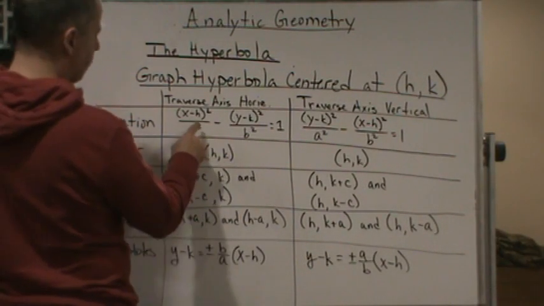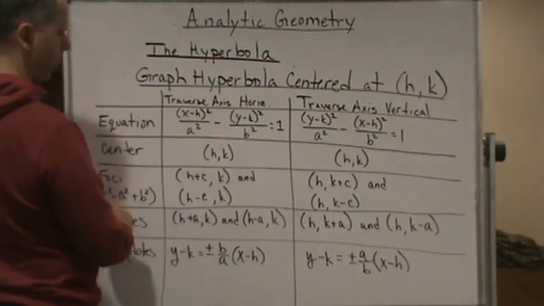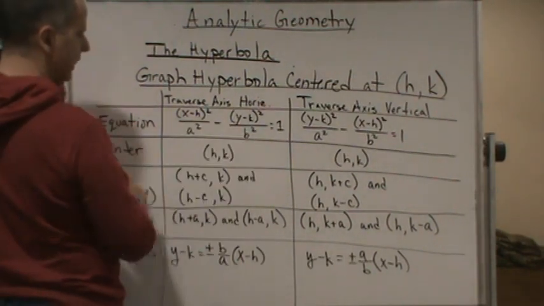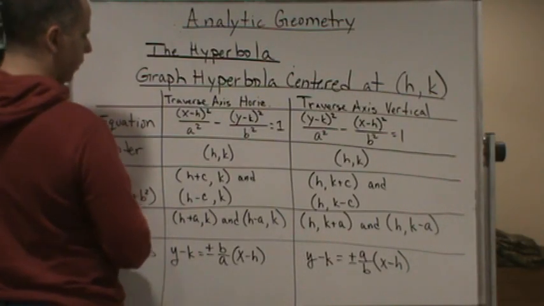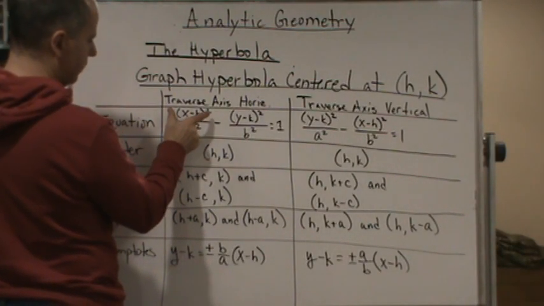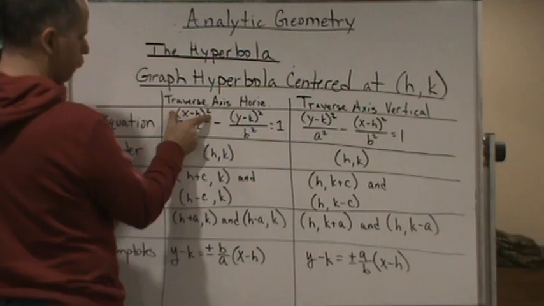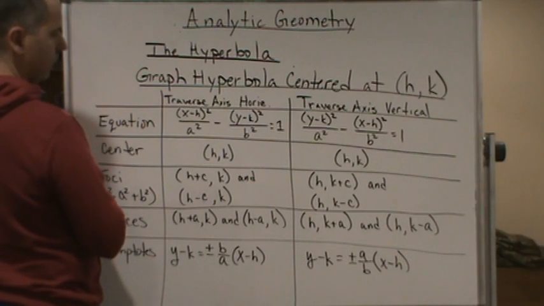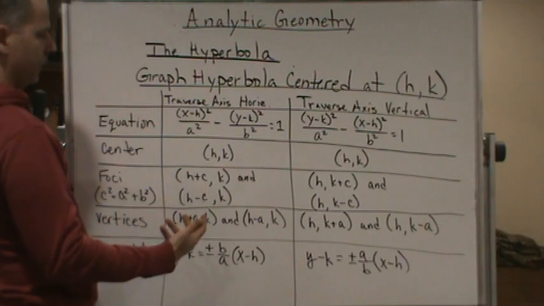Again, notice how we have a minus h and a minus k in here. Same general formula, we're just adding an h and k in there to tell us where the center is located. Make sure you understand that whatever variable is here is telling us whether it's going to be traversing horizontally or vertically.